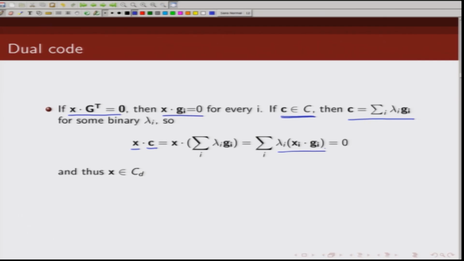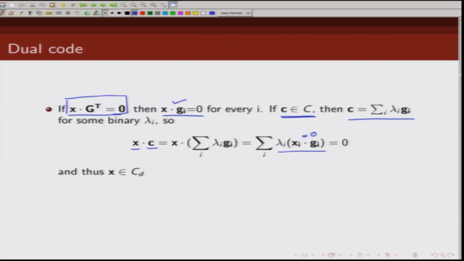And what do I know from this condition? That X G transpose is 0. I know from this condition that the inner product of X with gi is 0. So, that means this term is equal to 0. Then what have I shown? I have shown that X dot c is equal to 0.